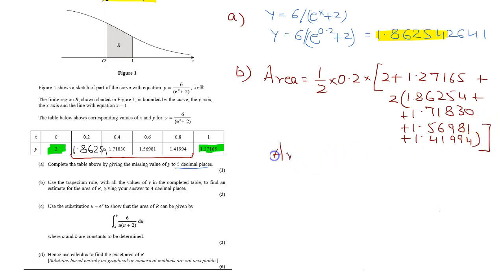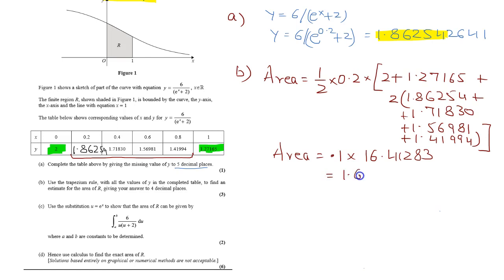So the area will be, this is 0.1 and this part is going to be 0.1 multiplied by 16.41283.